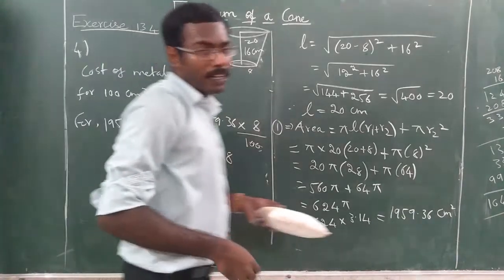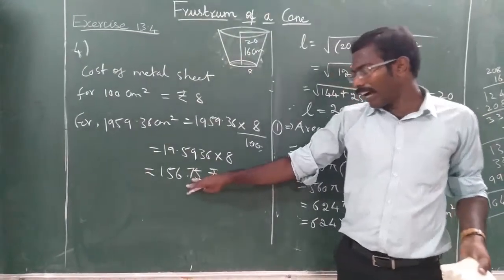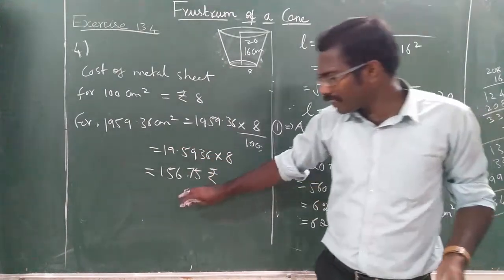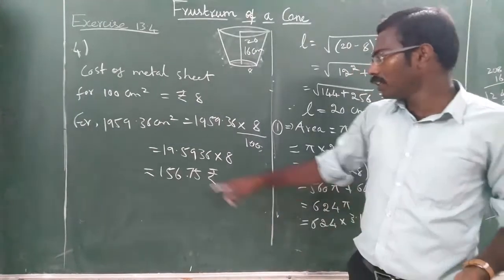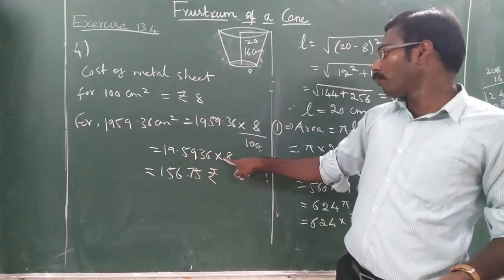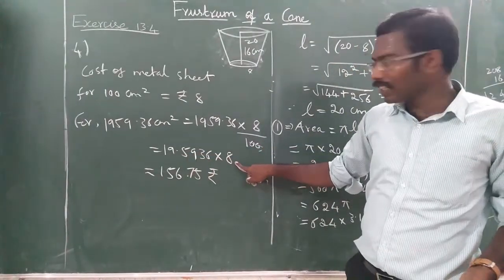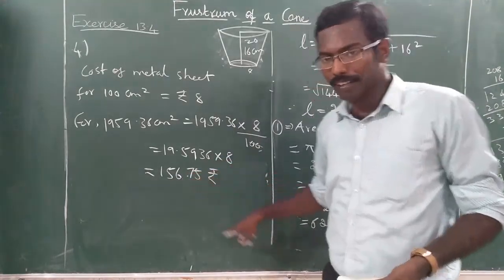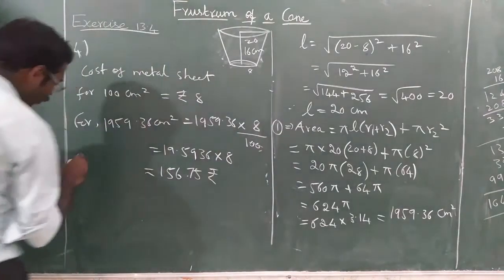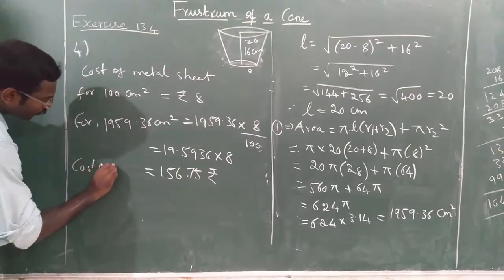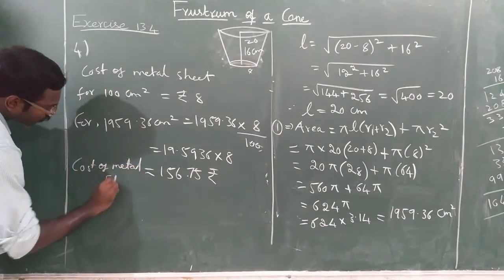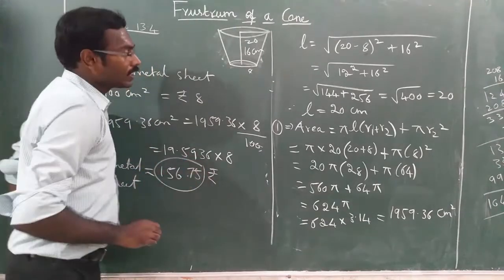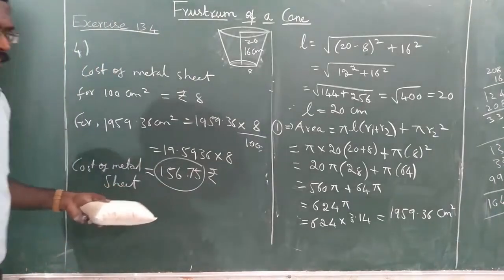Okay, so approximate, you may get a small difference after this point. I am writing the approximate answer. So 19.59, if you multiply by 8, the answer will be approximately 156.7. This is the cost. Therefore, cost of metal sheet is equal to 156.7. Okay, this is the cost of the metal sheet.